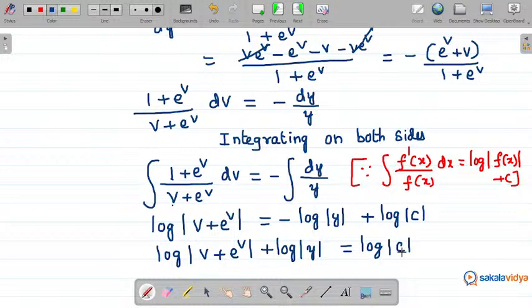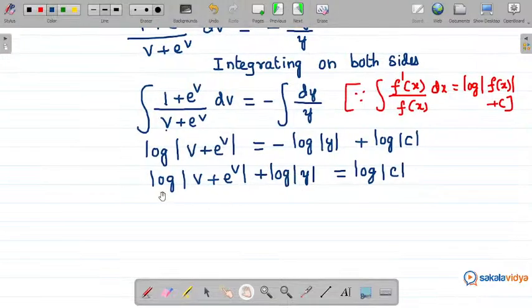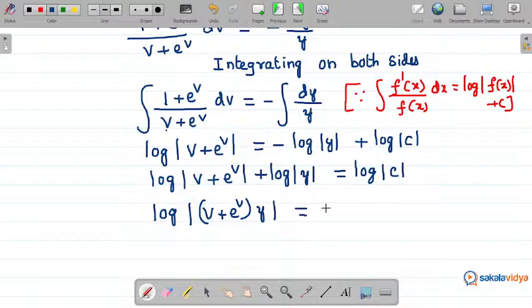In the left hand side, as this is in the form of log a plus log b, log of ab, you can write log of v plus e power v into y is equal to log mod c. Comparing on both sides, you see v plus e power v into y is equal to c.